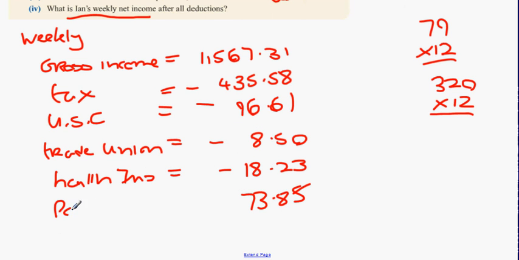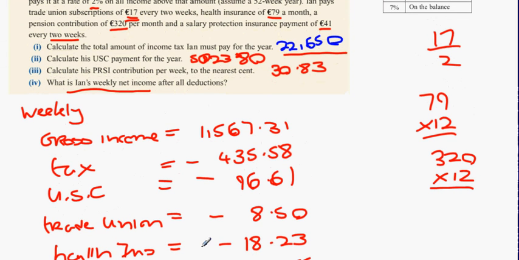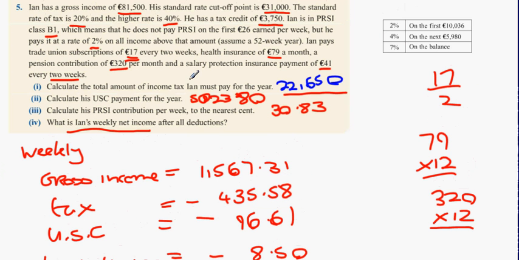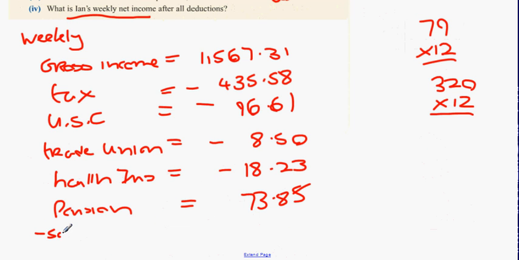Okay, and after his pension, the last thing we have is his salary protection of €41 every 2 weeks. So it's going to be €20.50 per week. So minus salary protection, which is €20.50.